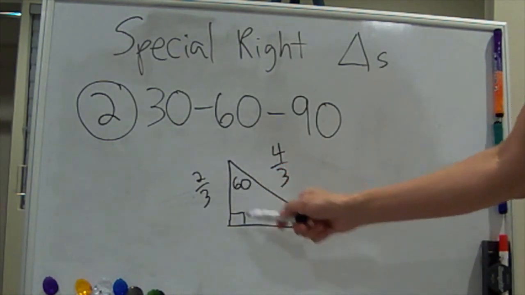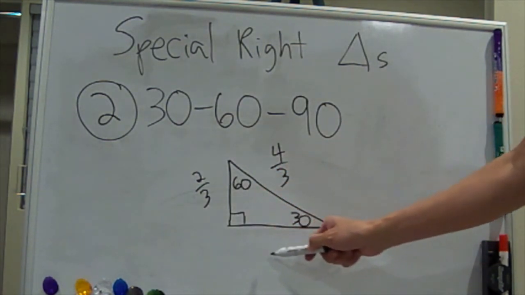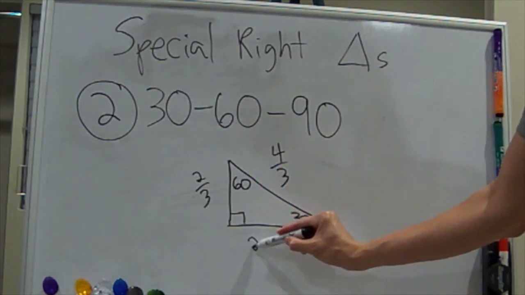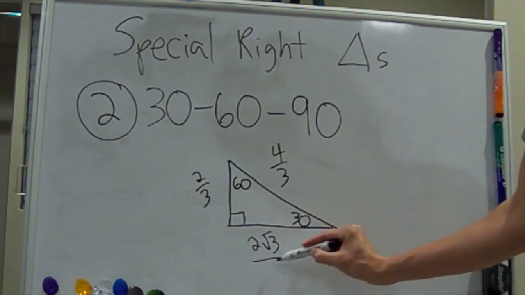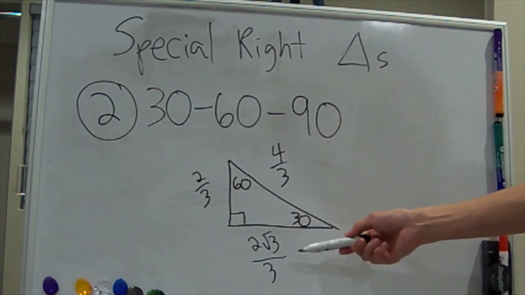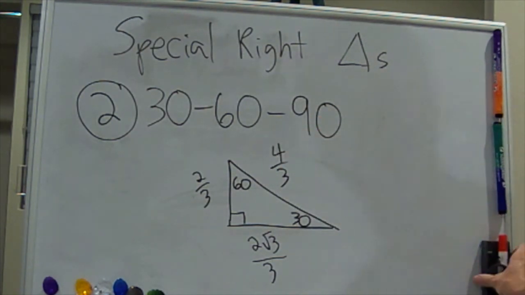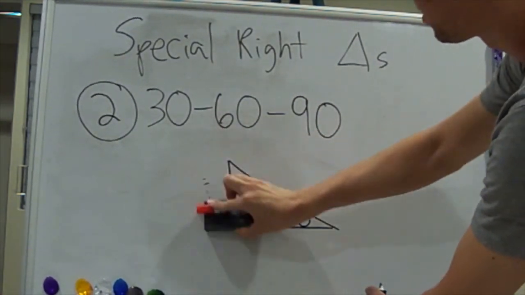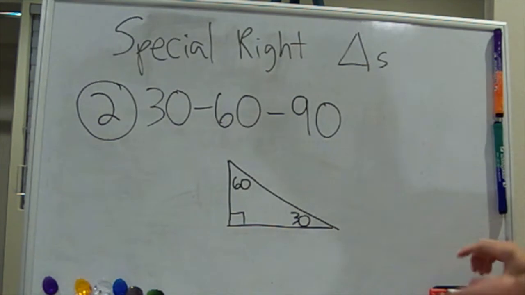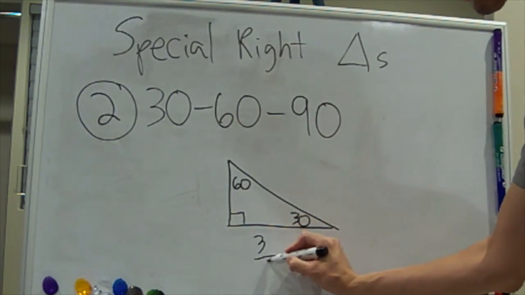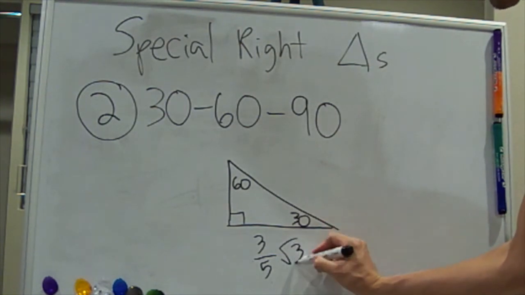And what if I want the long leg from the short leg? I go around the 90-degree angle. So 2/3 times rad 3 is going to be 2 rad 3 over 3, right? Okay, so what if I changed it a little more and I gave you 3/5 rad 3.